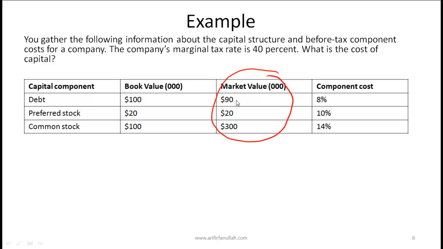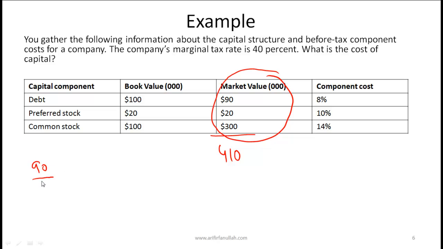So how do we do this? The overall sum for all three sources of capital is 410. So we take each component and multiply it by its weightage. What's the weightage of debt?